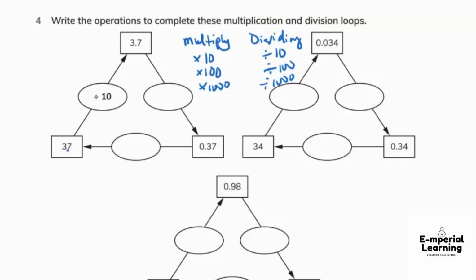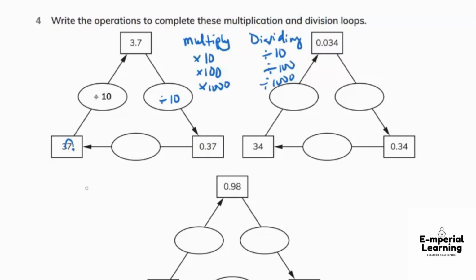So we have 37 divided by 10, that gives us 3.7. As we said, the decimal point at the end moves once to the left. In order to get 0.37 from 3.7, the decimal point has moved once to the left, so that was also divided by 10.